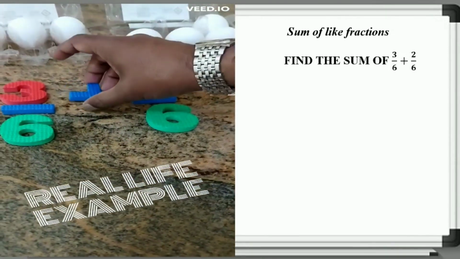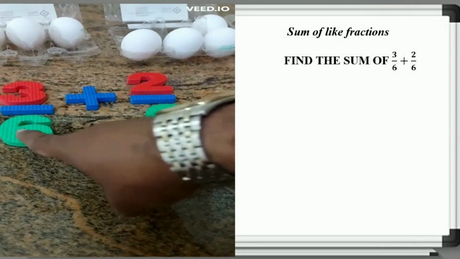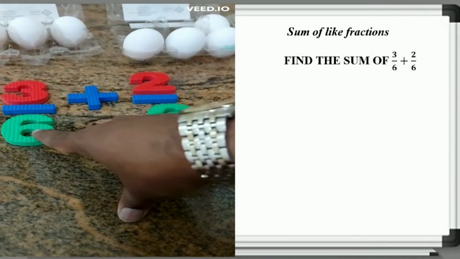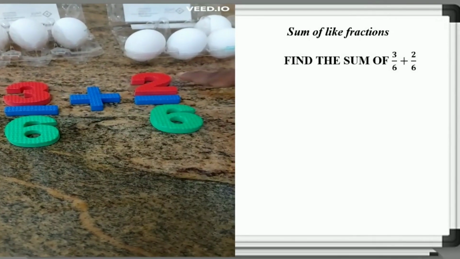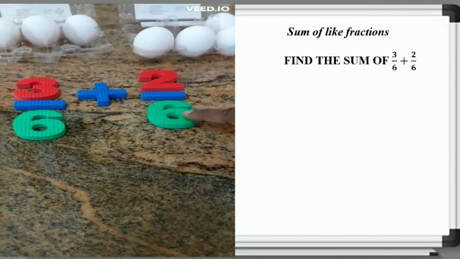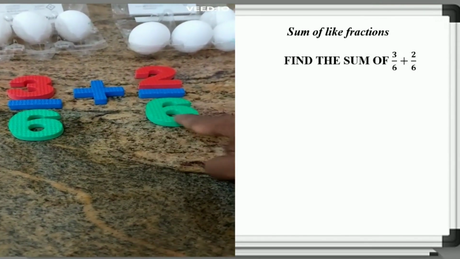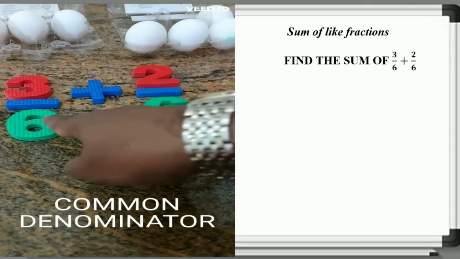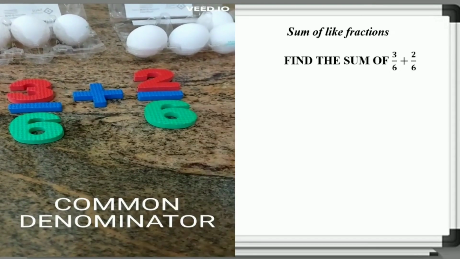Now I am going to sum up these two fractions. My first fraction is 3 over 6, the denominator is 6. In the second fraction, 2 over 6, the denominator is 6. The two fractions have the same denominator, so they are known as like fractions.